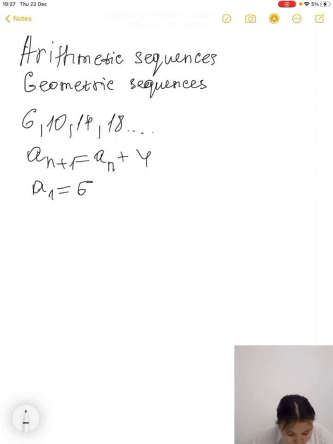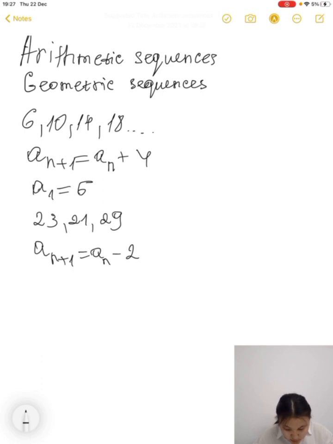For the sequence 23, 21, 29. The formula will be a sub n plus 1 is equal to a sub n minus 2, where a sub 1 is equal to 23.